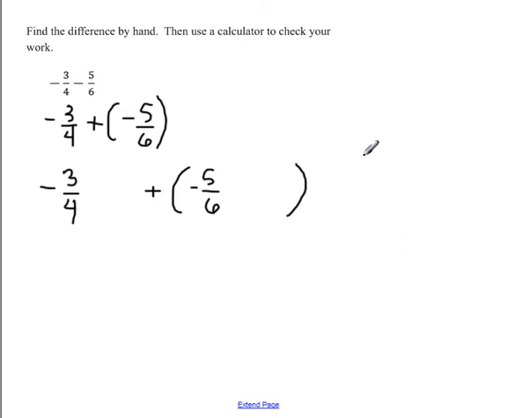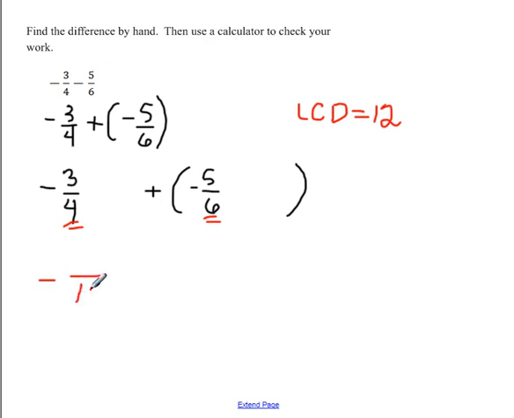So let's think about the LCD. The lowest common denominator for this problem, we want to think about the smallest number that both 4 and 6 will go into evenly, and going through our mental multiplication chart, we can say, well, 12 will be the smallest number that both 4 and 6 will go into evenly. So we're going to change both of these fractions from our original problem.